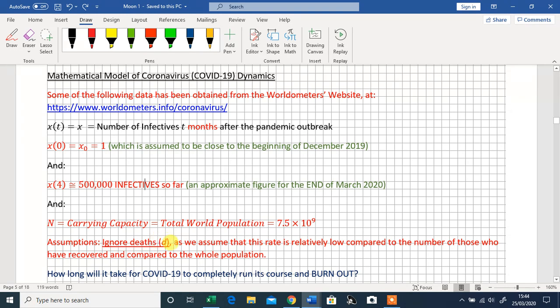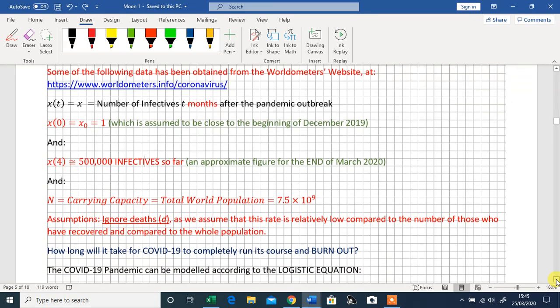And this is because one of the assumptions is that the number of deaths compared to the number of those who have recovered and compared to the whole population is relatively low. I think about 80% of the population recover from coronavirus or COVID-19. So that leaves about 20% possibly who don't, but we assume that that is relatively negligible compared to 80%, which is still a very high value.